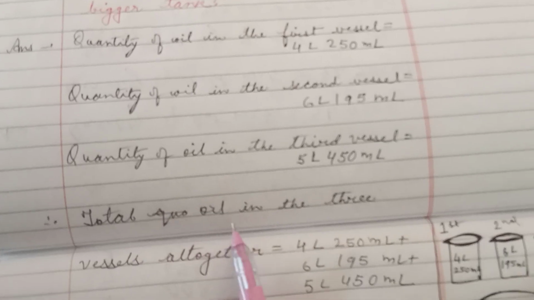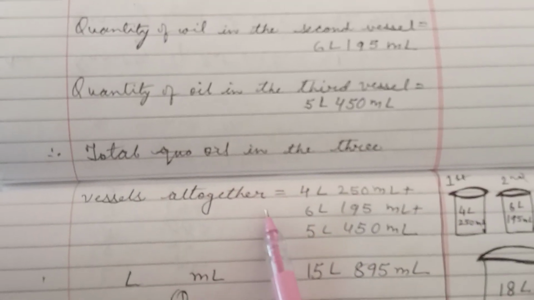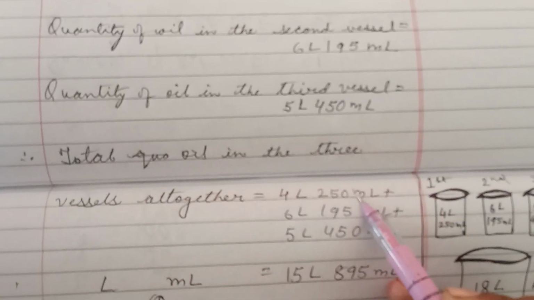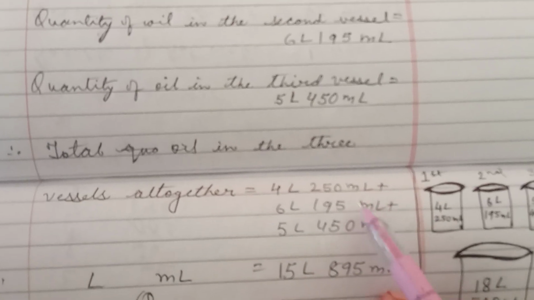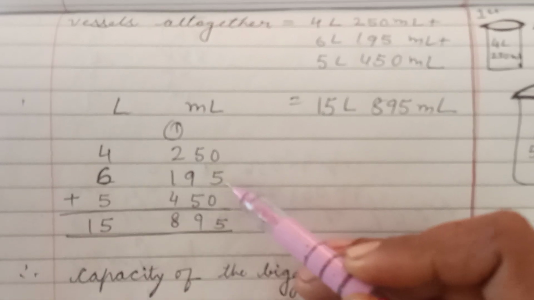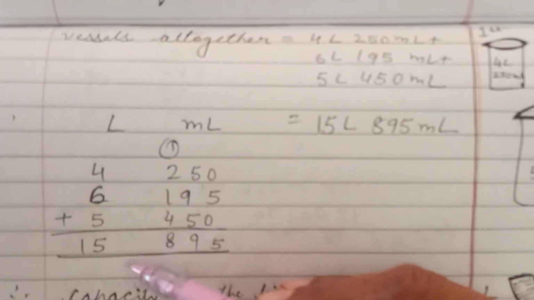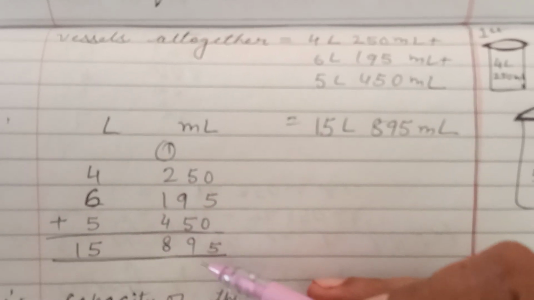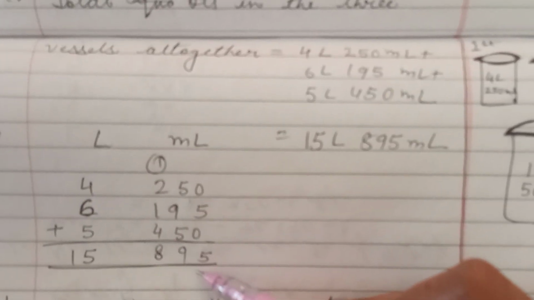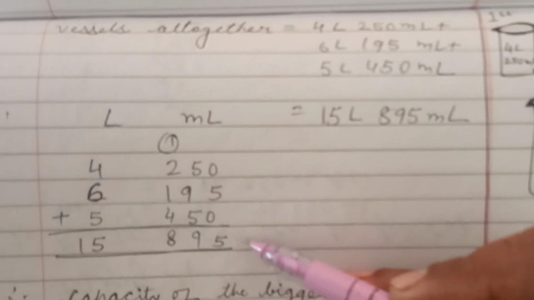So total oil in the 3 vessels altogether. We will add it. So show addition in your copy, children. And we are getting 15 liter 895 ml of oil in all the 3 small containers.